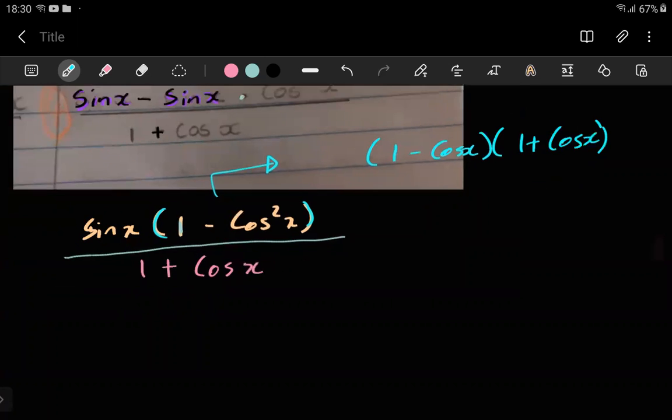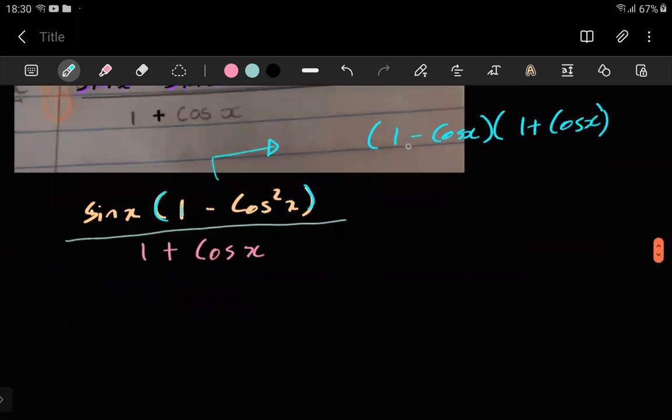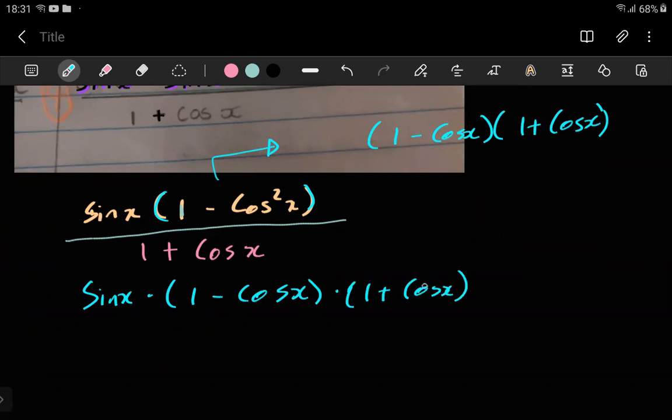Now the big idea is, as long as we can rewrite it like this, we're good to go, because this is sin x multiplied by 1 minus cos x multiplied by 1 plus cos x, the whole thing over 1 plus cos x.